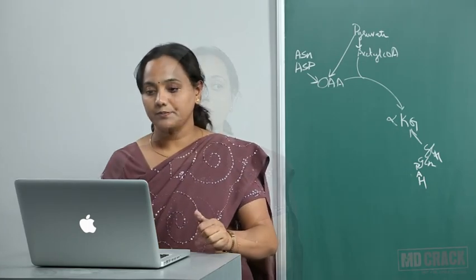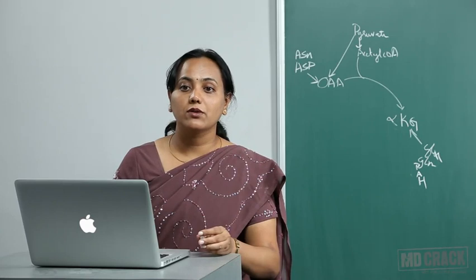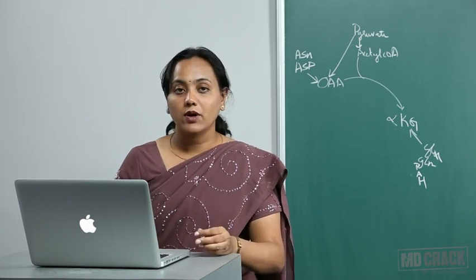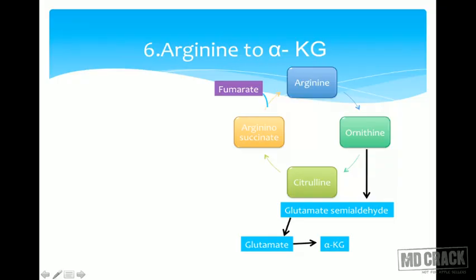That is important. Arginine to alpha-ketoglutarate, how does it occur? As we all know, arginine was an intermediate of the urea cycle. So arginine can be converted to ornithine by the enzyme arginase, where urea is formed. Ornithine can bypass the urea cycle, it can go to something else.